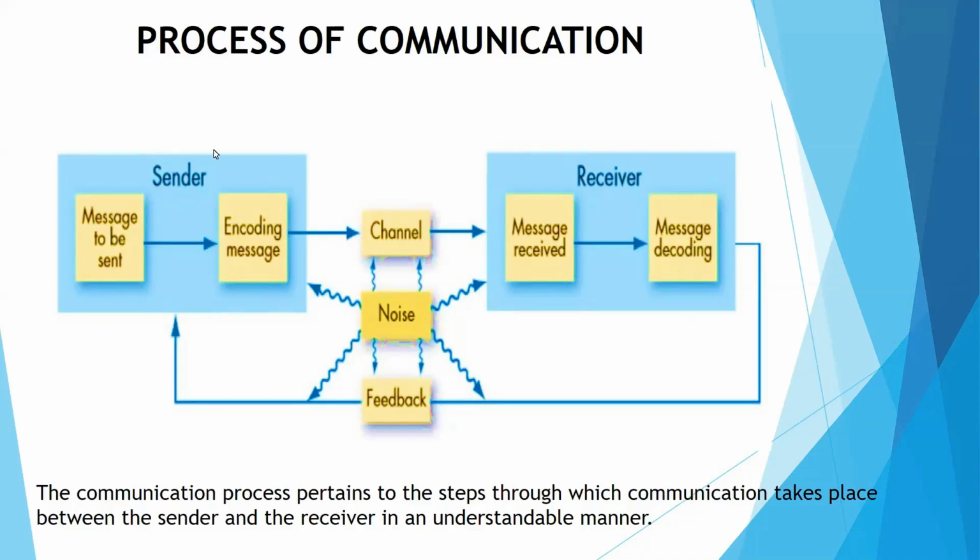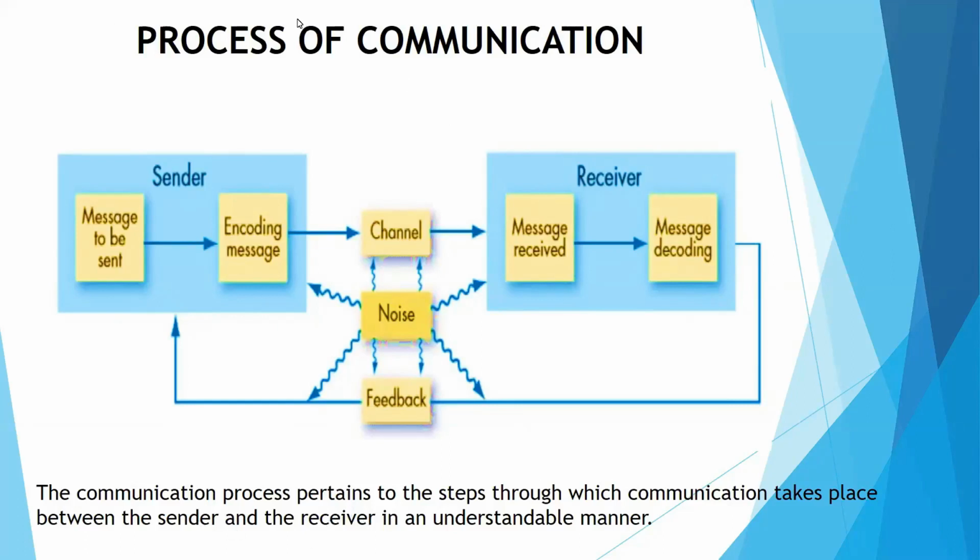So, of course, it involves the sender, the message to be sent, encoding, channel, the receiver, decoding, the message received, noise, and lastly, the feedback. According to this, the communication process pertains to the steps through which communication takes place between the sender and the receiver in an understandable manner.